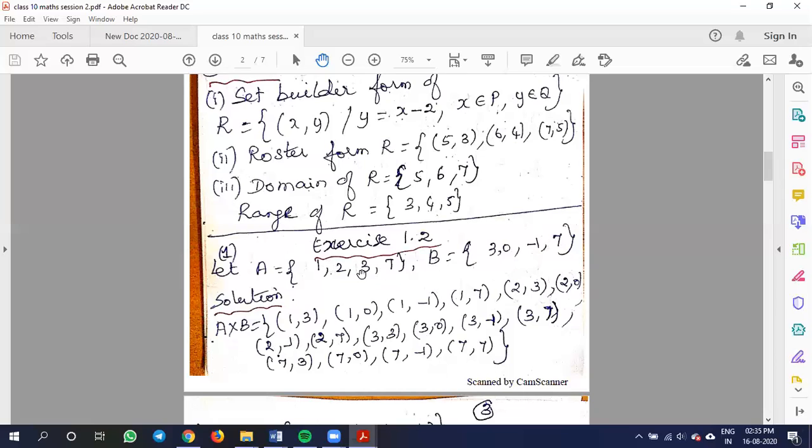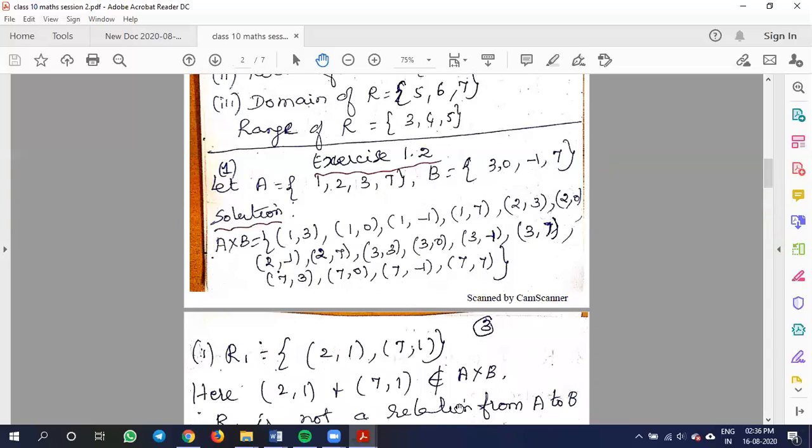Then the third element: 3, 3, then 3, 0, 3, -1, then 3, 7. Take the last element of the set A. So it is 7, 3, 7, 0, 7, -1 and 7, 7.